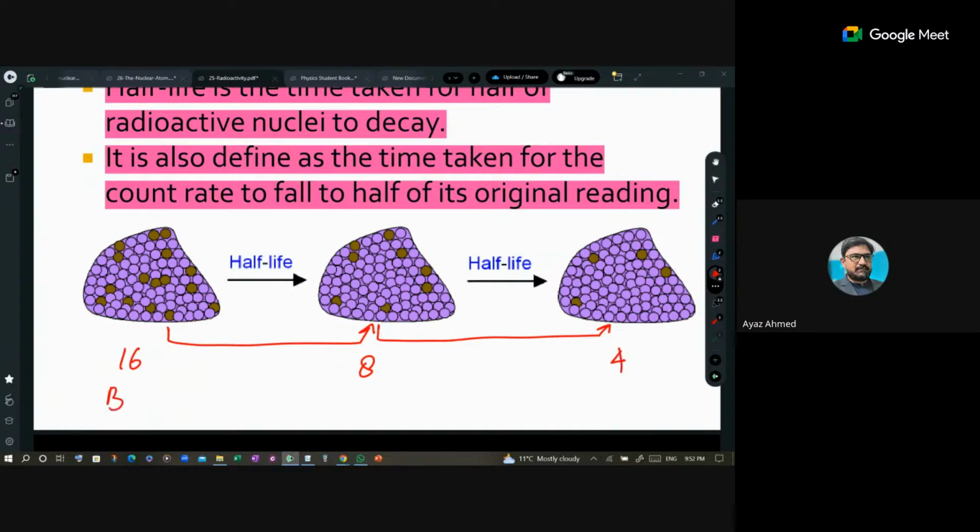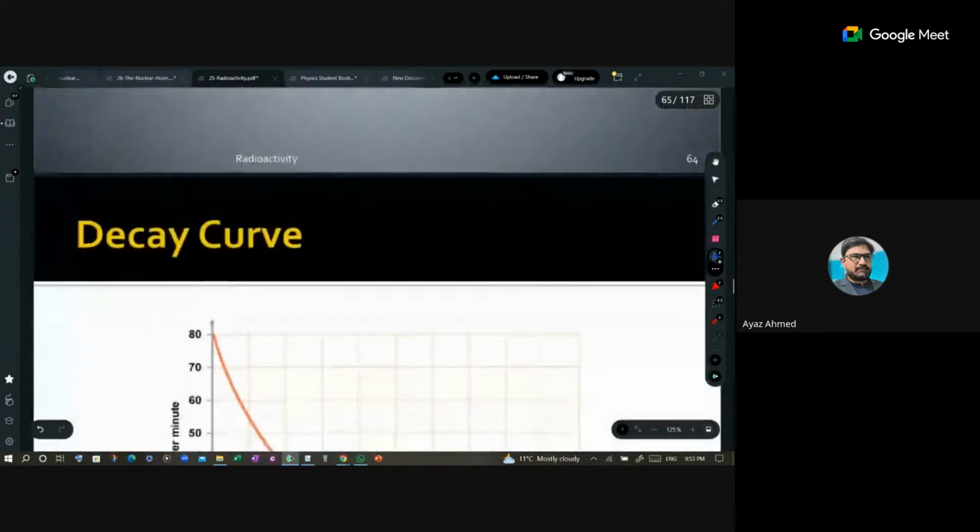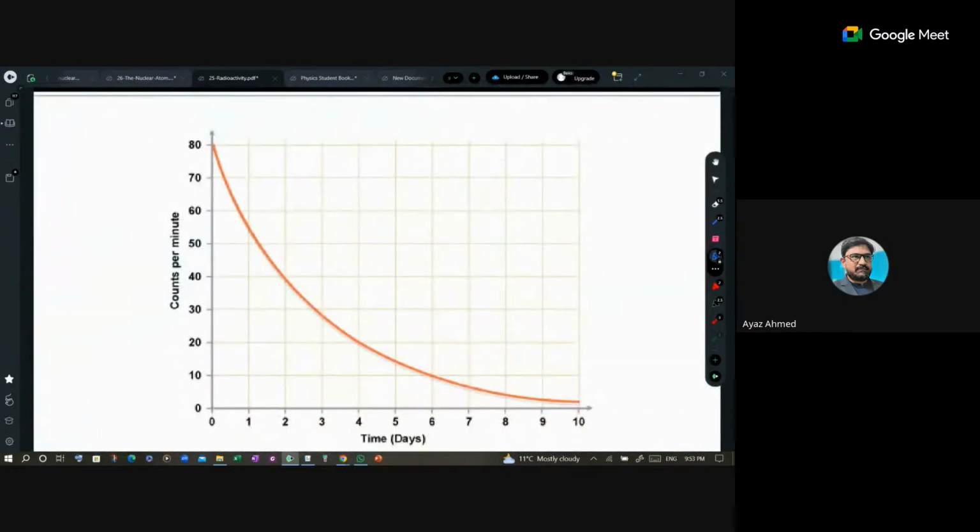The brown color is mostly the color of uranium, so the brown ones are the parent nuclei, right? The number of purple ones has increased by 8 and then by 12. So the time in which half of the nuclei have decayed is called your half life.